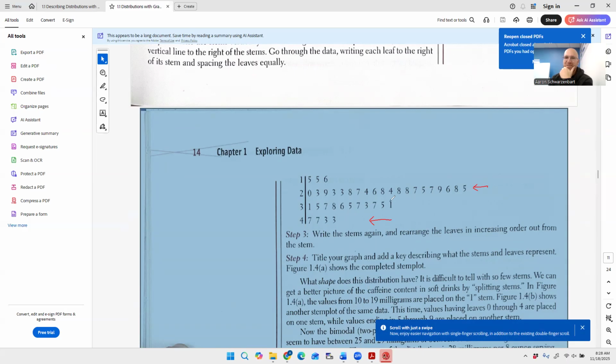Okay. So in proper order, it should go 0, all the 3s, then the 4s, then the 5s, 6s, 7s, 8s, and 9s. That makes sense. So you should rearrange it.